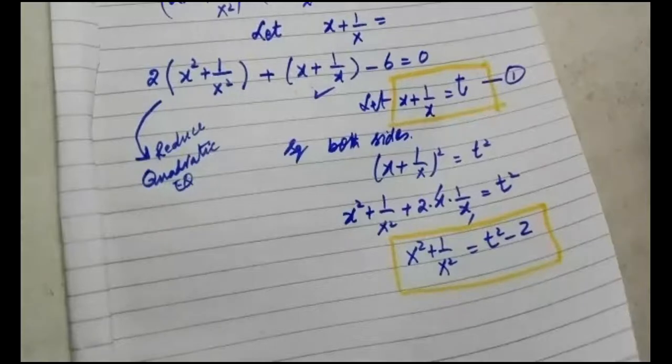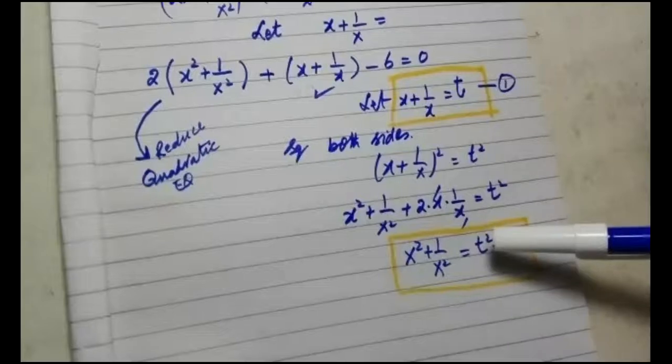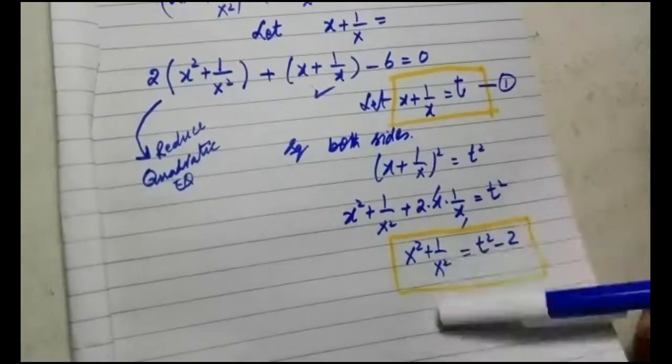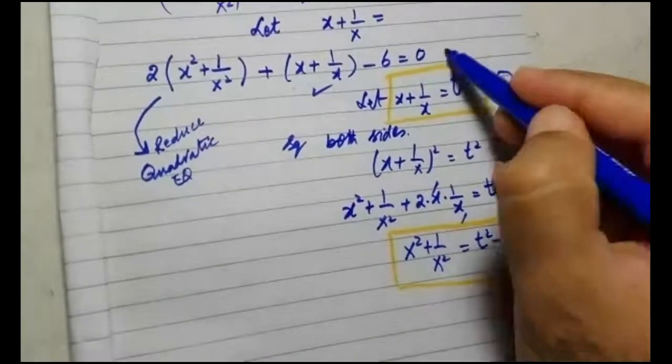And what I would like to do is substitute these values, which I have enclosed in the yellow boxes, t and t square minus 2. These are the values of x plus 1 over x and x square plus 1 over x square. I will substitute them in the above equation. You can label it as, for example, alpha.